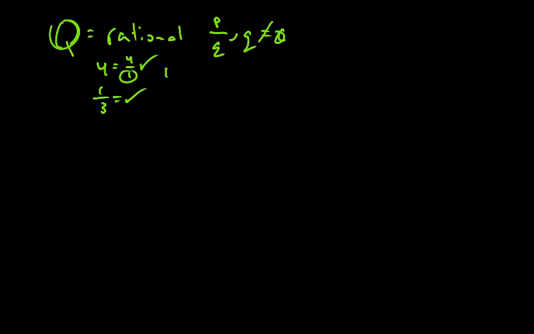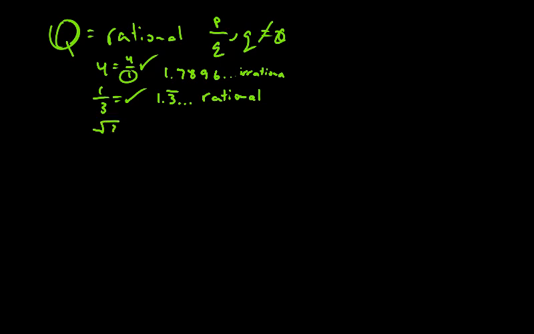If I had a repeating decimal, such as this, excuse me, not a repeating decimal, an infinite decimal that has no pattern, this would be called an irrational number. Since it does not have an end, I cannot write it in the form P over Q. Now, if it does repeat, and we'll talk more about this later, like 1.3 repeating, even if it goes on forever, this is considered a rational number.